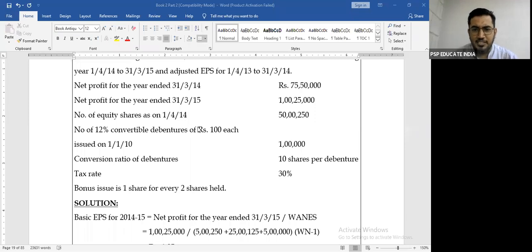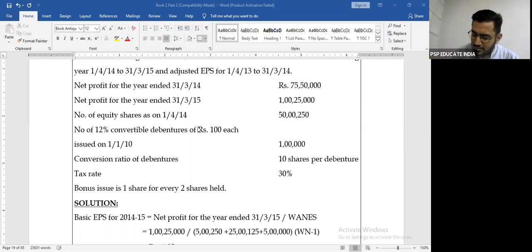There is one more doubt which says future equity shares are not added, but bonus on that is added. Why? Future equity shares will be there only when you convert. But bonus is an element that is going to reduce your EPS.